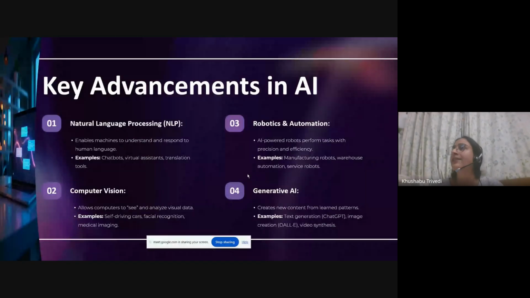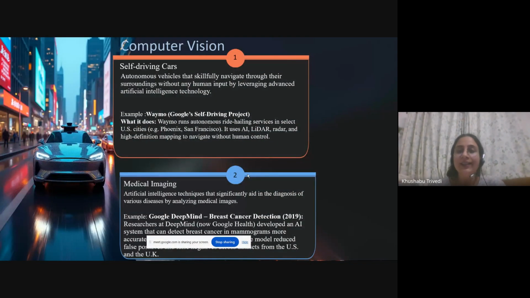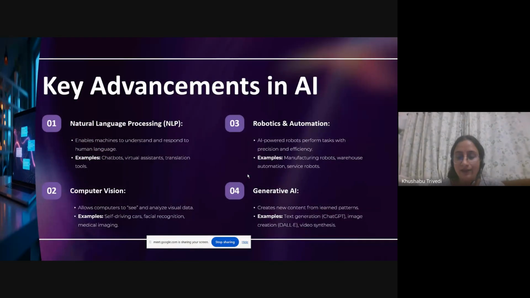For example, ChatGPT. We all know what ChatGPT can do. We can create images, do video synthesis, everything using generative AI. It is an important innovation in the field of AI ML.